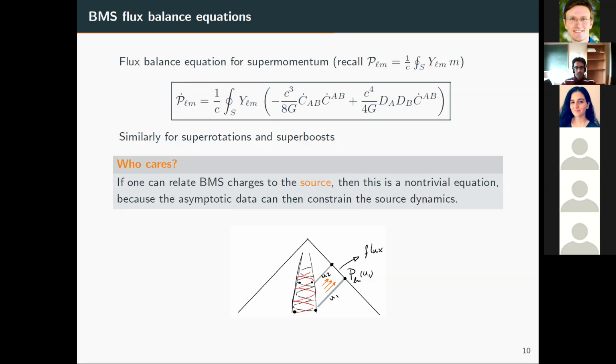But you may wonder, what is the importance of these equations? Who cares about these equations? As I said, my motivation is gravitational waves.